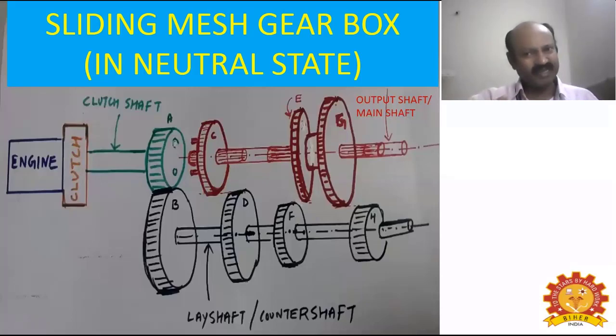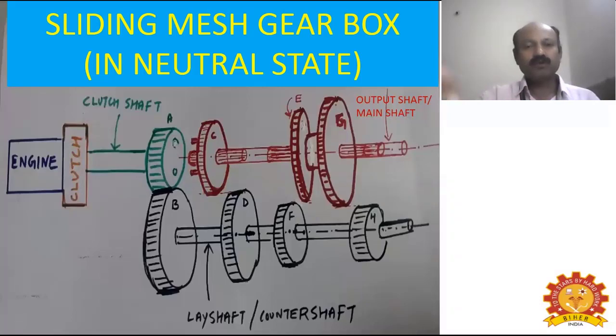During starting of the vehicle, we need low speed but high torque, and that is achieved by the gearbox. The power remains the same when transmitted to the output shaft, so when you reduce the speed, torque naturally increases. In this way, in first gear you get low speed but high torque.